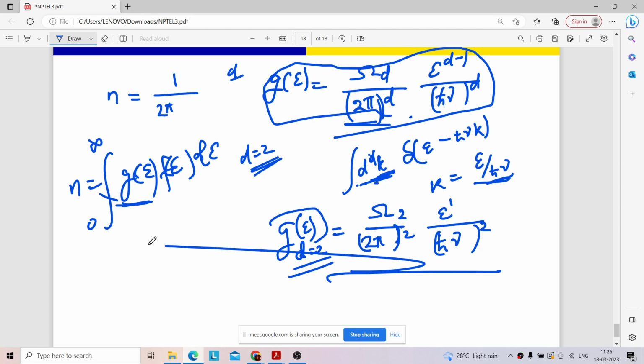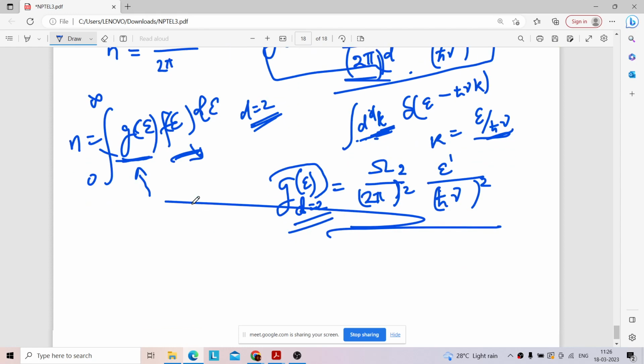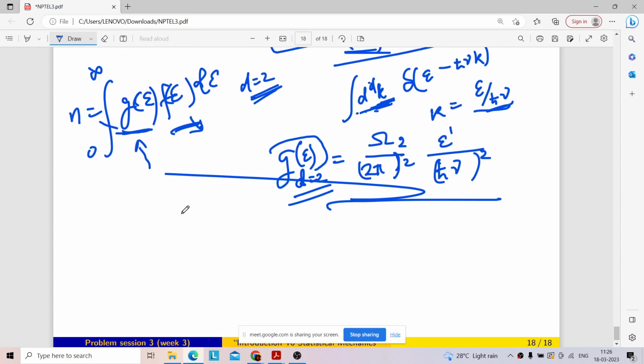I'll put this, and I have the distribution already. This is boson, so Bose-Einstein distribution. Then if I do the integration, I'll get some zeta function again. Now it's zeta of 2 over 2 pi, and this will be kb tc square over h cross nu.